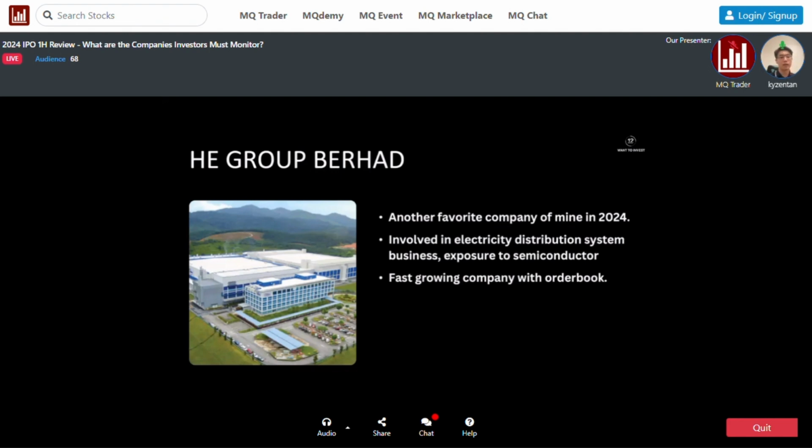But data center, if you look at HG Group, again, their prospectus utilization, their IPO process utilization, they are going to have a branch in Johor. And if you take a look at where the data centers are recently being built, it's in Johor. So the company, very likely, they will be going aggressively into data center. They also signed a supply contract with Vertiv. I believe, although it's not exclusive, it's still a good exposure to the data center side.